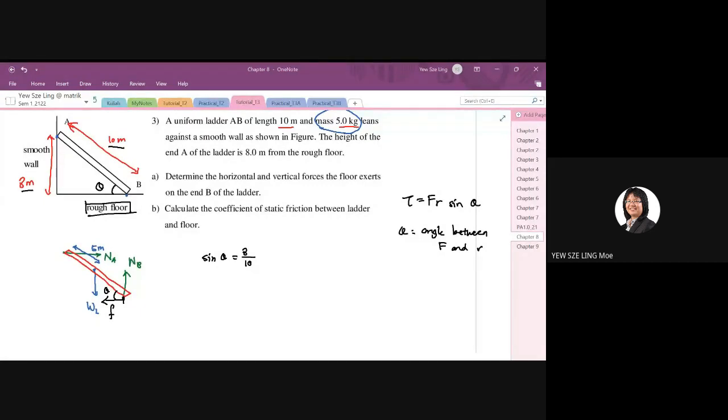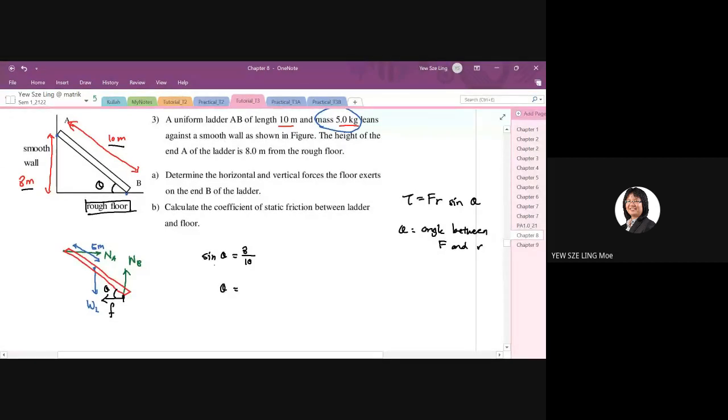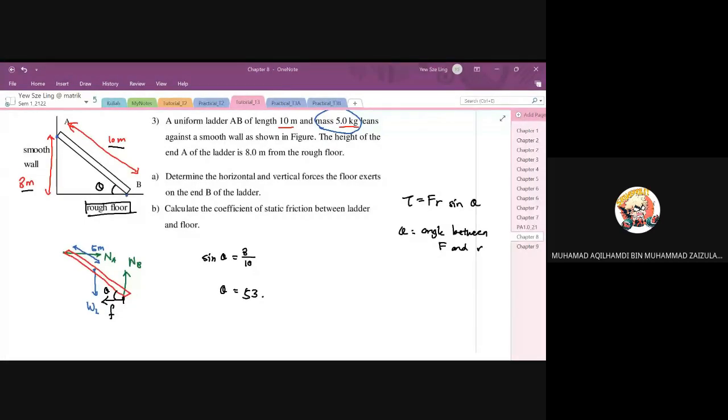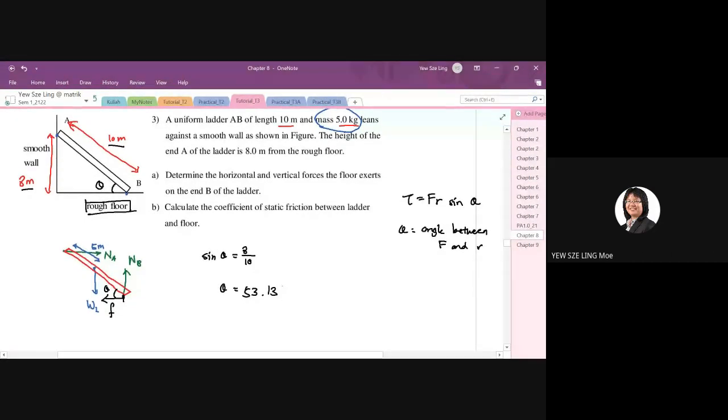So our theta is then equal to 53.13 degrees. Okay, so theta is equal to 53.13 degrees.